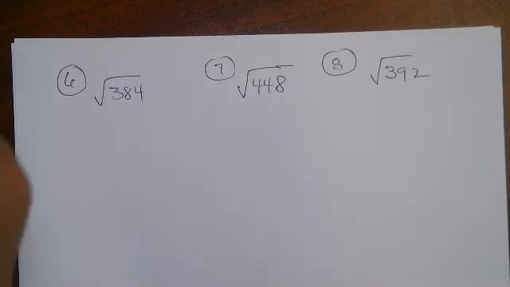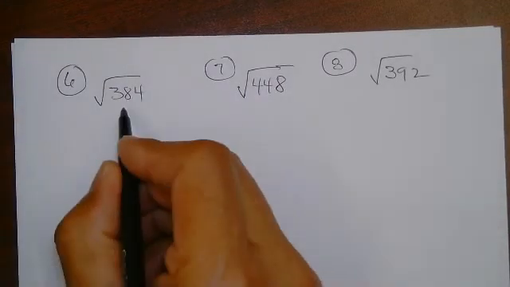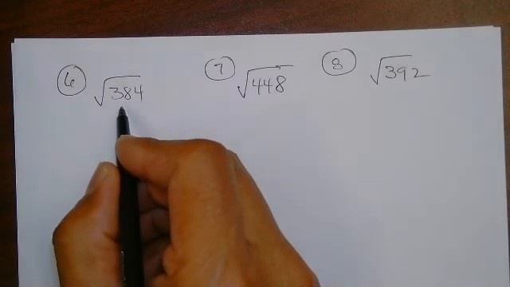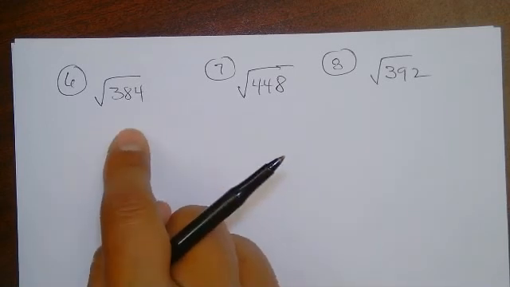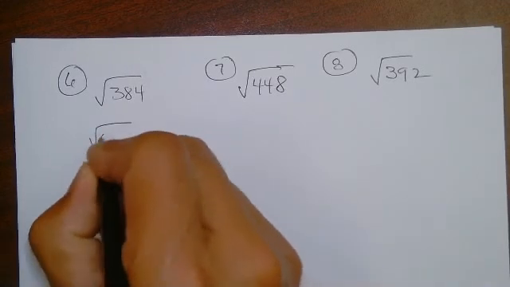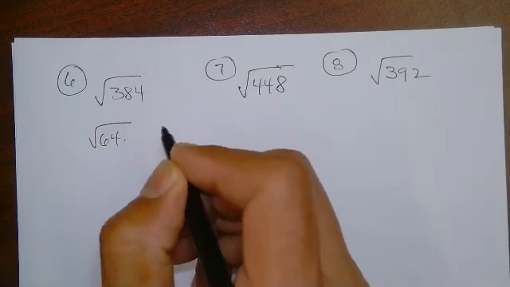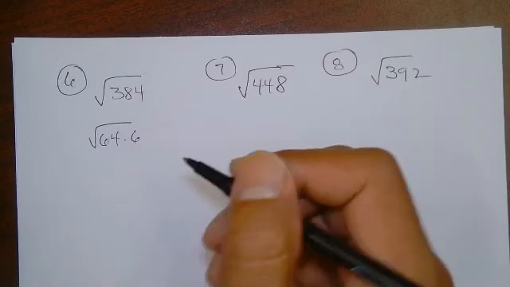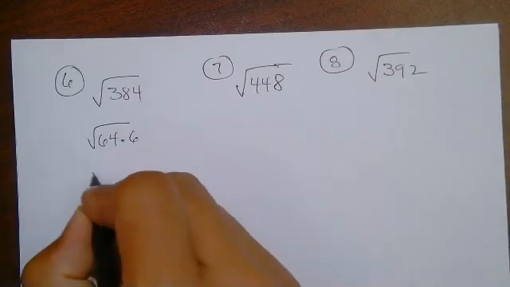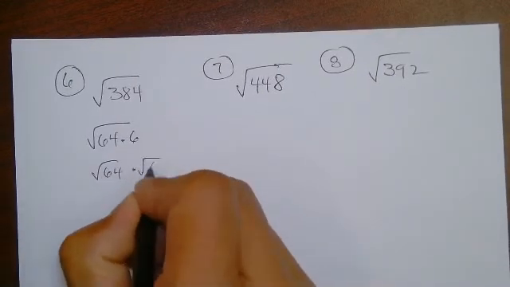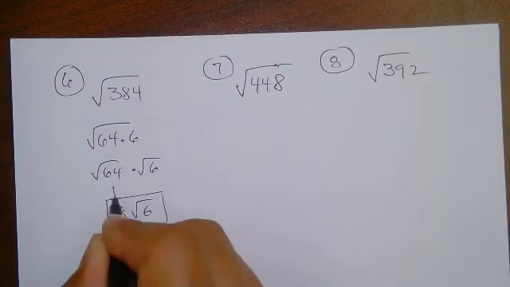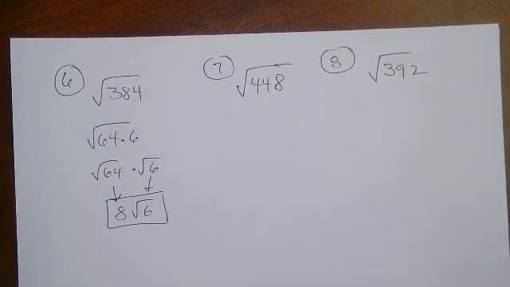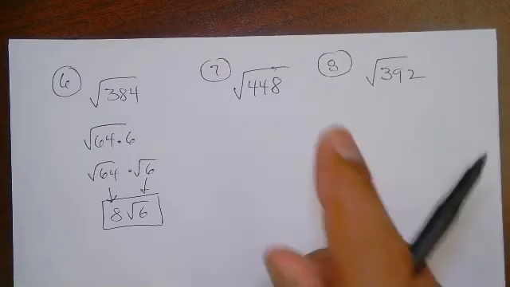All right, let me pause this for a bit. Okay, what did you guys get for 384? What is it? 36? No, not the answer. What is it? Oh, 64 times 6? Oh, good. So then that's going to be 64 times the square root of 6.